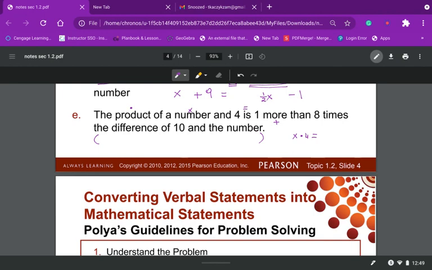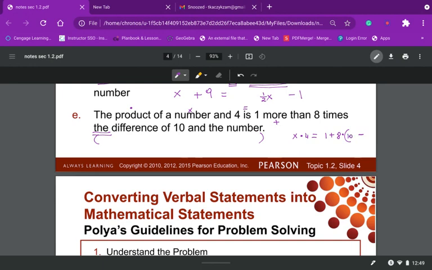1 more. So I have 1 plus, then 8 times, multiplication. I have the word the, which stands for the parentheses, the difference, so I will subtract, of 10 and the number.